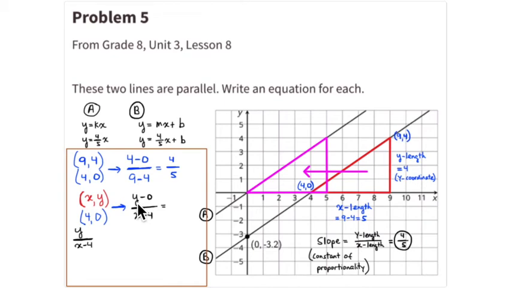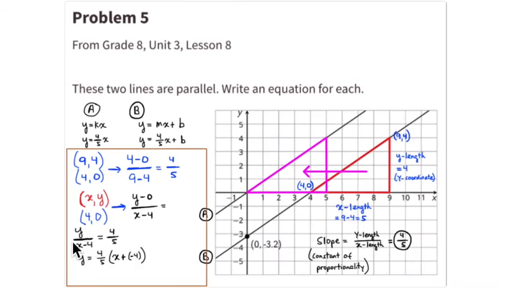So it's the length along the vertical axis, y minus 0, compared to the length along the horizontal axis, x minus 4. Well, y minus 0 is y, and since this is resting along the horizontal axis, the y coordinate is the same as the y length. And x minus 4 is you have to remove this length along the x-axis, and you're left with these 5 units. So that's x minus 4.